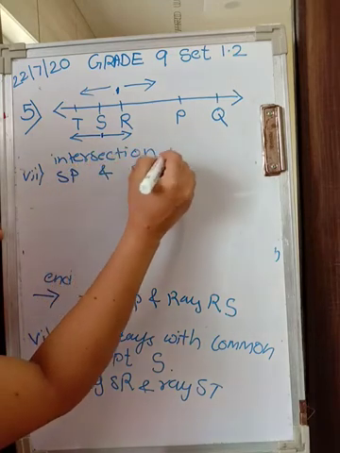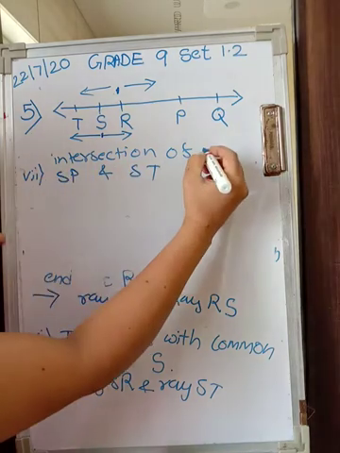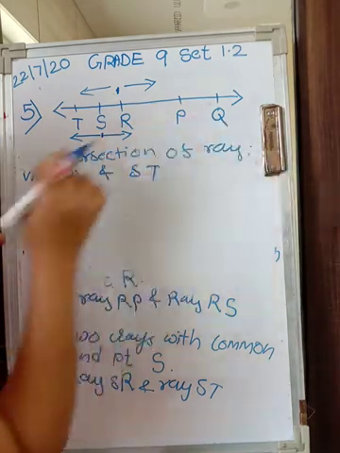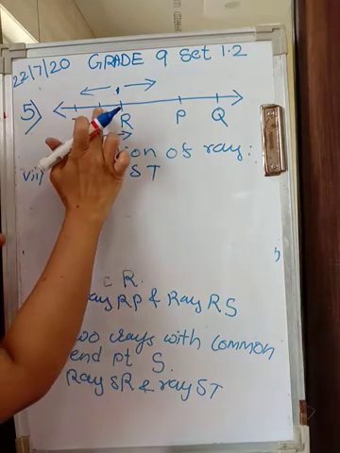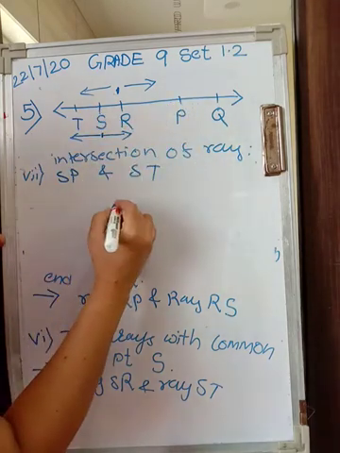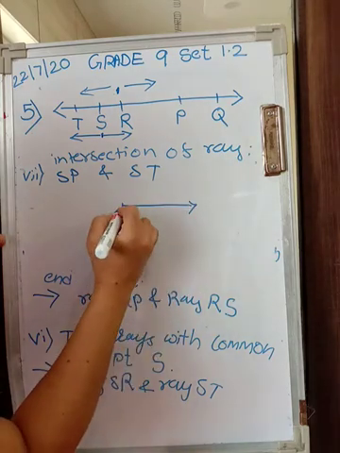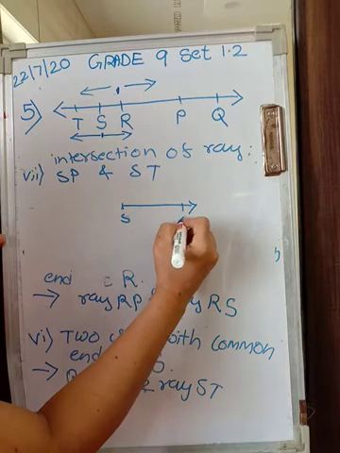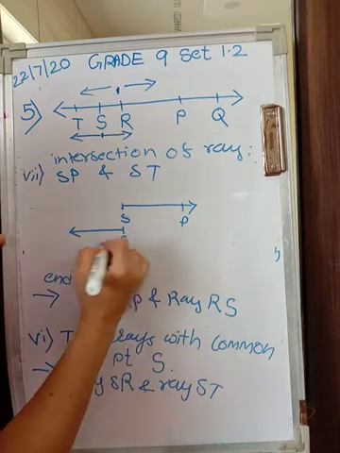Intersection of ray SP and ray ST. Now see, SP is from here to here. So I am drawing ray SP. This is S and this is P. And I am drawing here another ray. This is S and this is T.